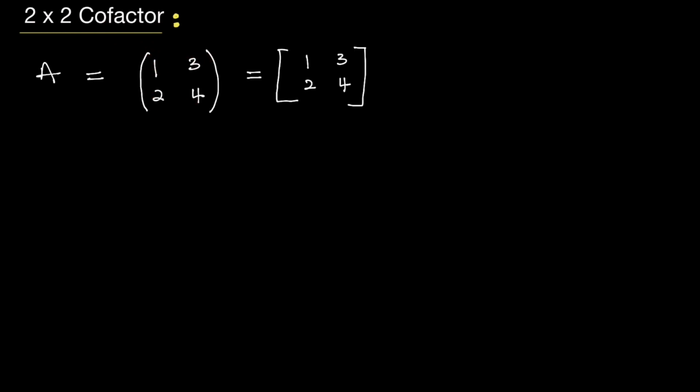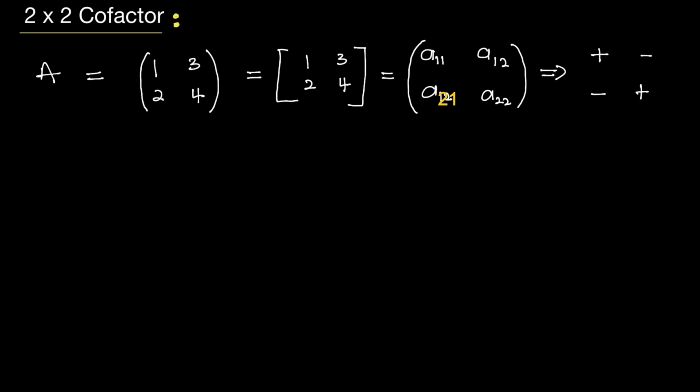Cofactors of a 2 by 2, 2 rows, 2 columns. We can represent that matrix like that in a square bracket beside the element position of the matrix and the sign of each element, plus, minus for a 2 by 2 matrix.